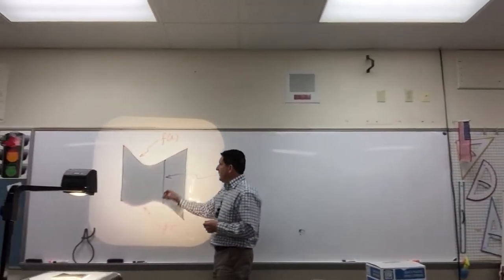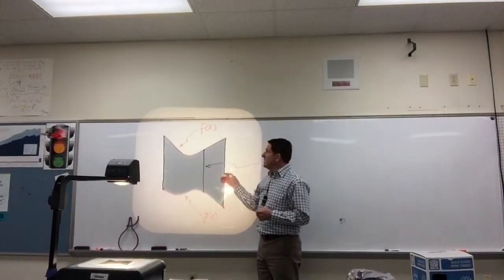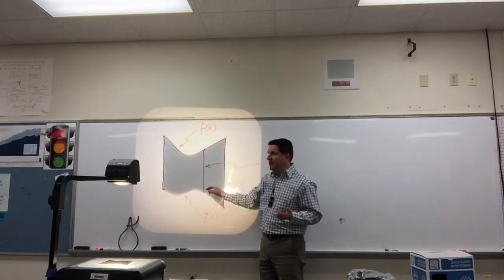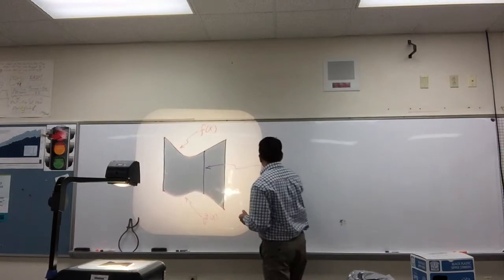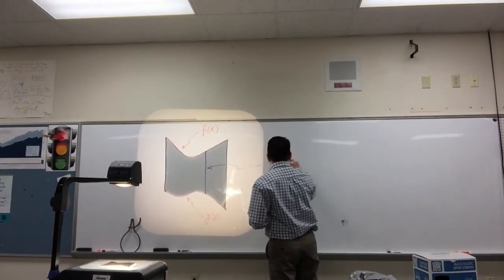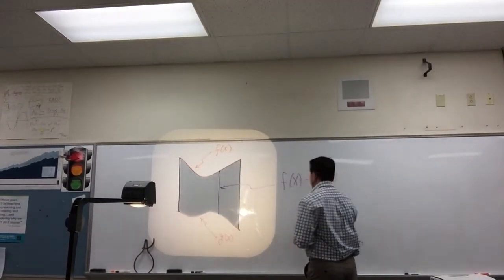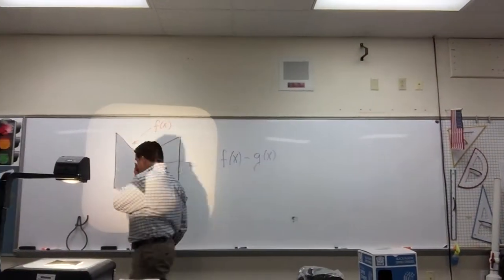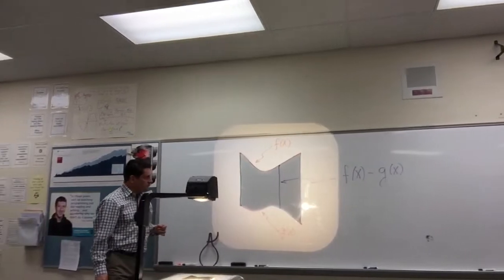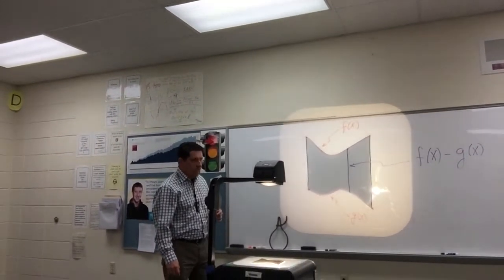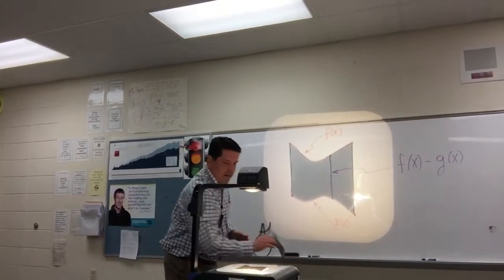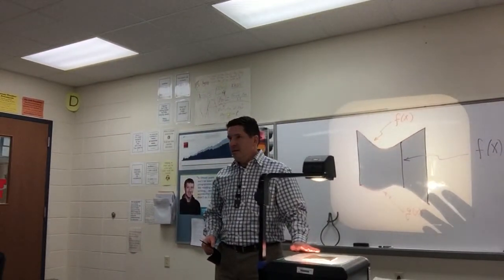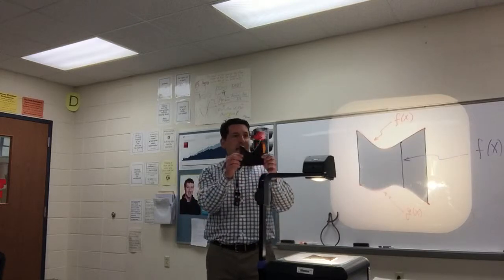For any given x value, you take the top functional value minus the bottom one. So in other words, this is f of x minus g of x for that given x. And I thought, what if I made a duplicate of this, but then I made it flat?